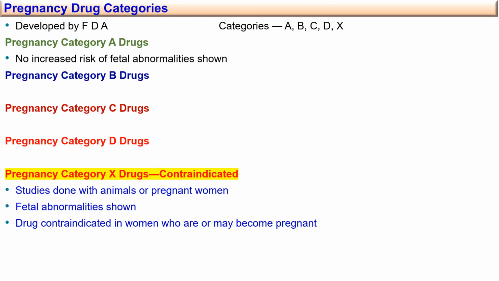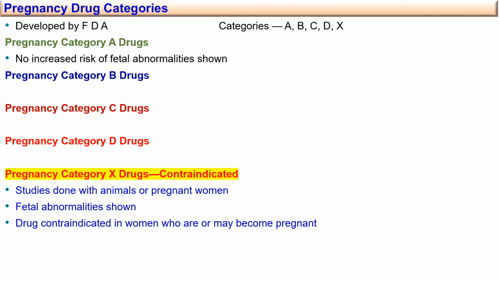So it can be viewed from different angles. Either we can see category B drugs as studies in animals have shown no risk to the fetus, but no studies done with pregnant women, or animal studies shown adverse effect, but adequate and well-controlled studies in pregnant women have failed to show risk.